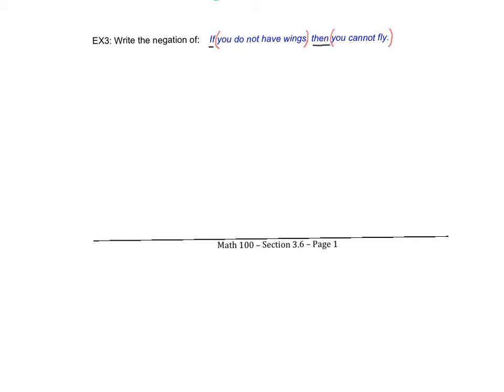Change the if then to an and. Negate the last. So when I negate you cannot fly, it becomes you can fly. So the negation of this conditional statement, the if then statement, would be you do not have wings and you can fly. So that would be the negation of that conditional statement that I was given.